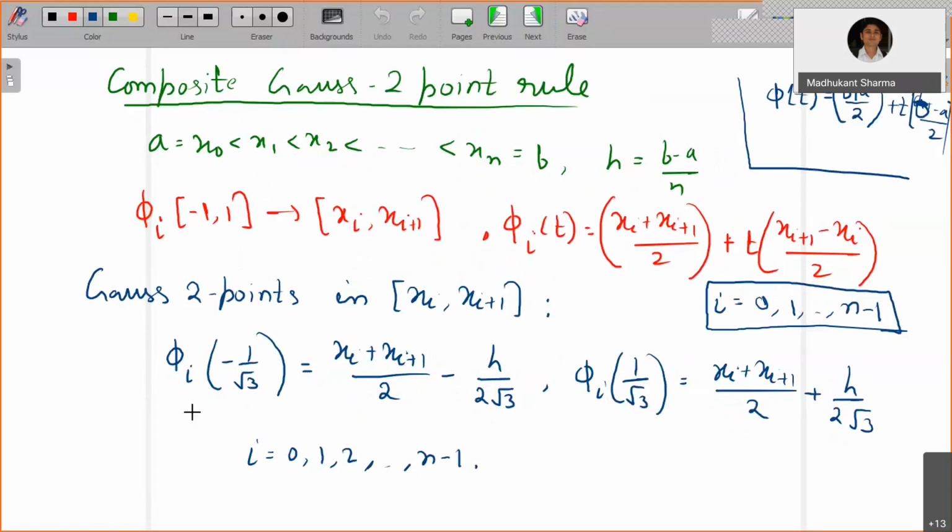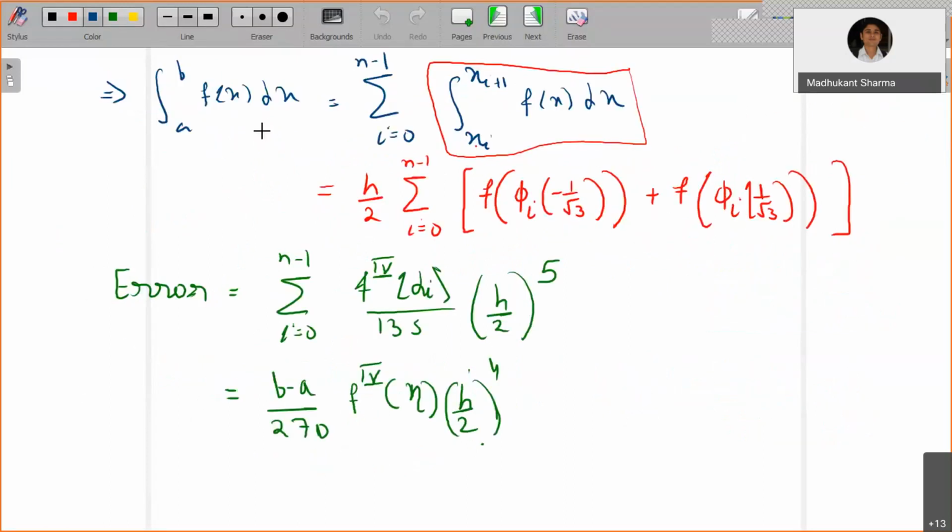Once you have all this, you can certainly write the composite rule. So h by 2 is sitting here. If you recall, the formula for integration a to b f of x dx was b minus a by 2 times f at x0 plus f at x1, from the previous slides.